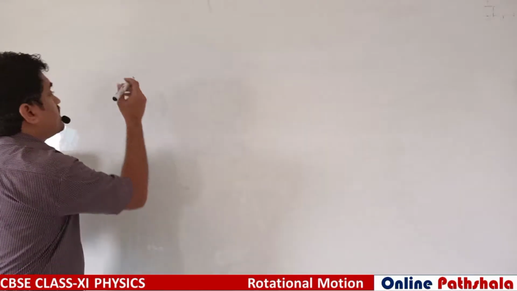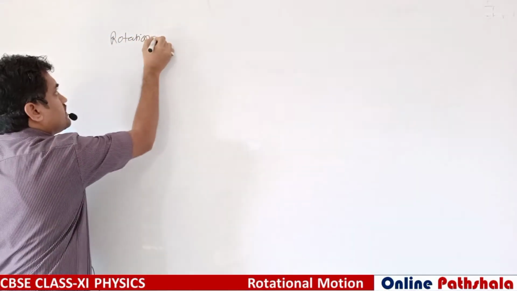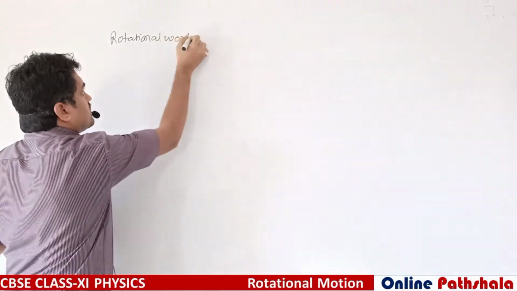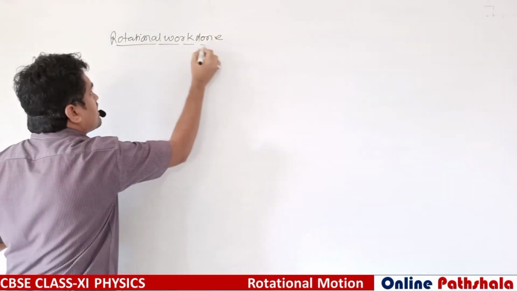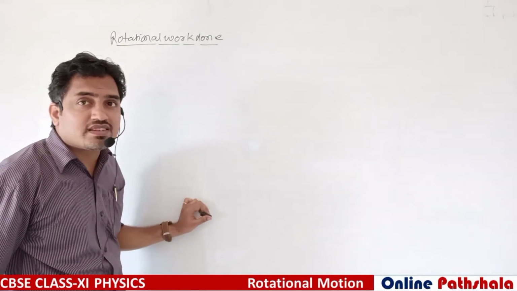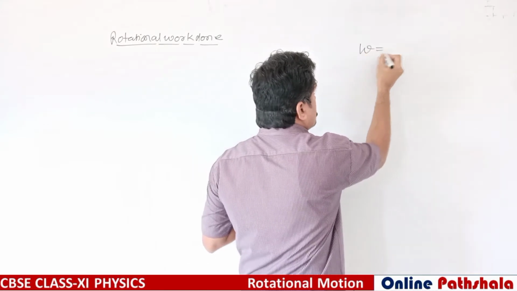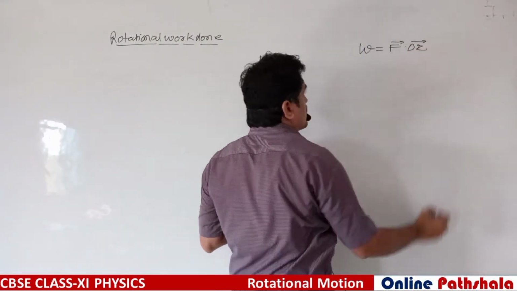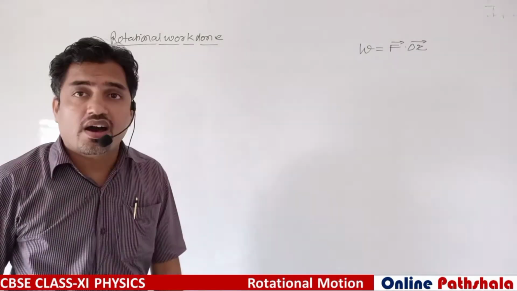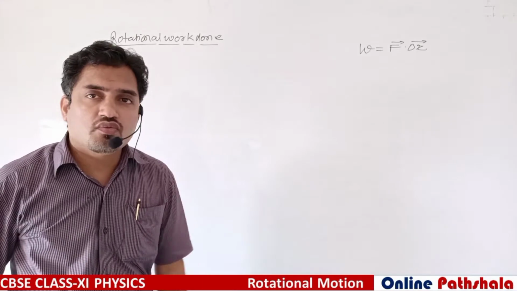Let's see. Rotational work done. This rotational work done is very similar to the translatory work done. What is the translatory work done? You know very well, it is force into delta R, force into displacement in the direction of force.